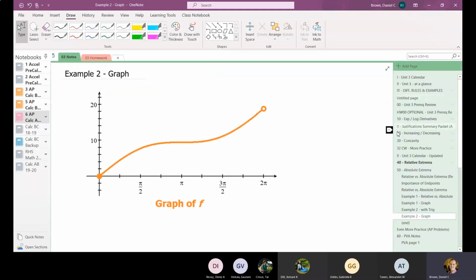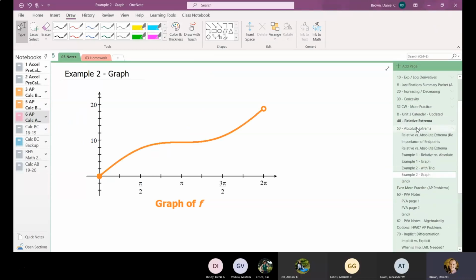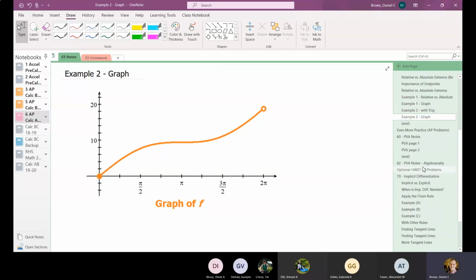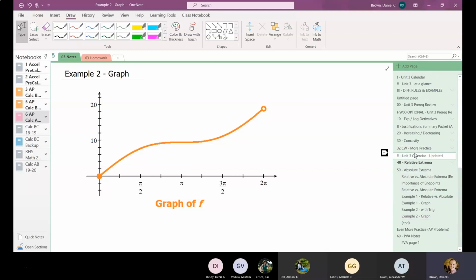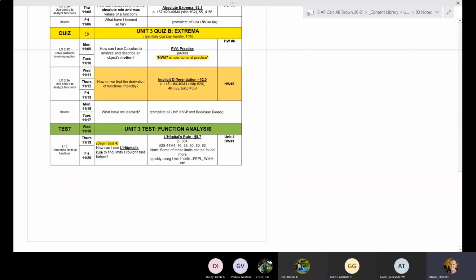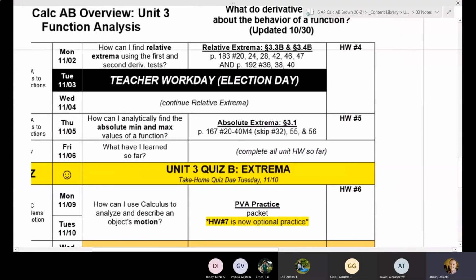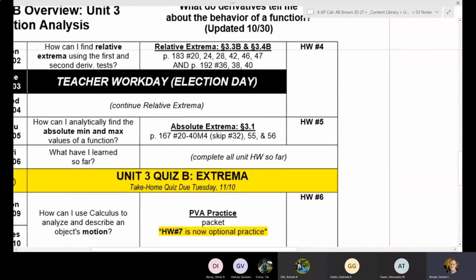Your homework is in the textbook again. If I can see where I shared the updated calendar. There it is. So what you have to work on, after your quiz, we have homeworks 4 and homeworks 5. Homework 4 was again doing the relative extrema, so what's new today is homework 5.